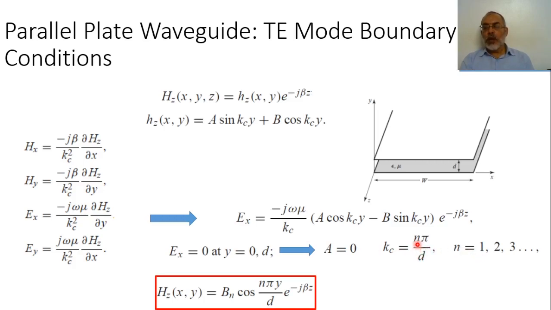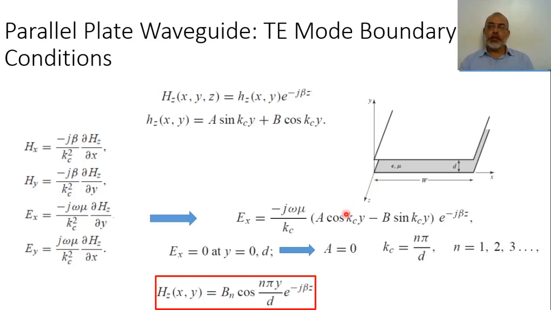If I'm saying 1 pi over d multiplied by y, then for any value of y other than 0 or d, we have a magnitude for Ex. But if I assume that n equals 0, at any point for y the electric field would be 0, and this is not accepted. Okay?